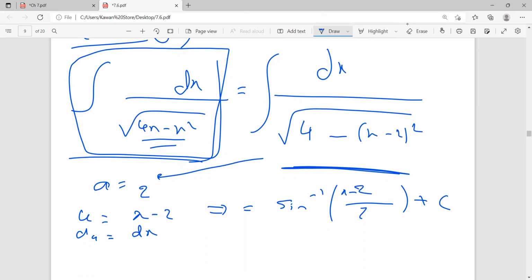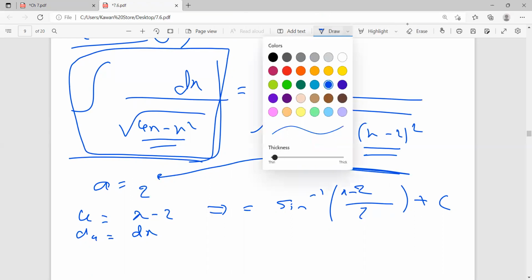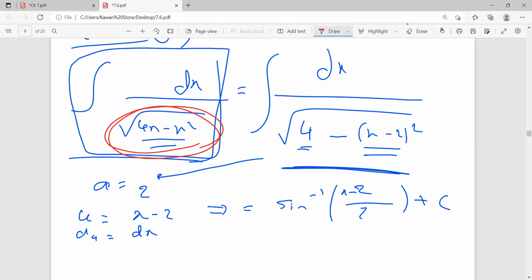Formula A, U, put it down. Okay. But the question is, how do we change that one? How do we transform that one? That was the question. Understood?